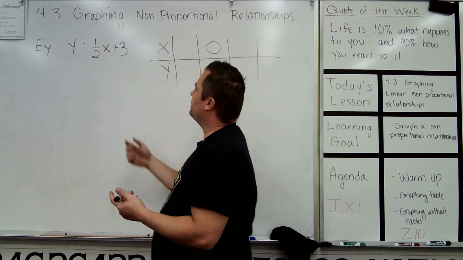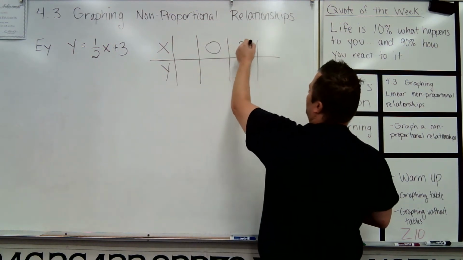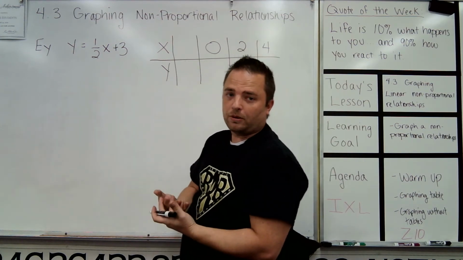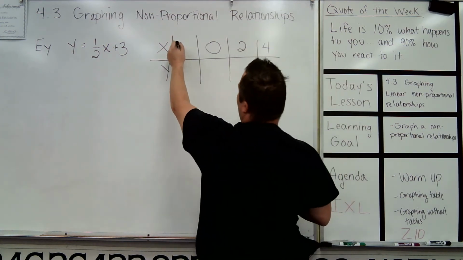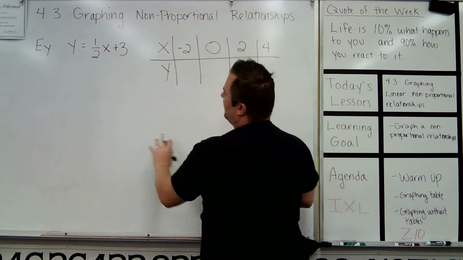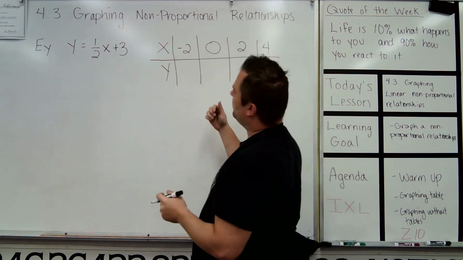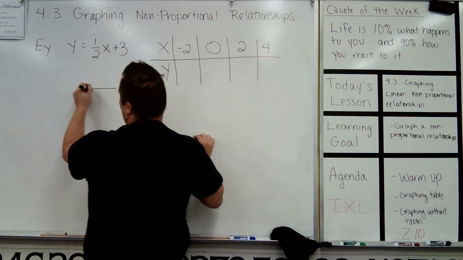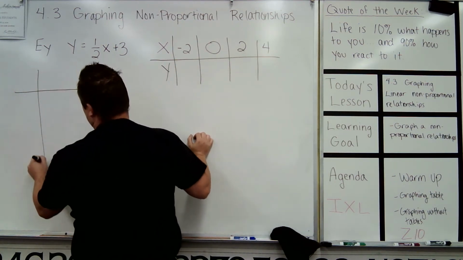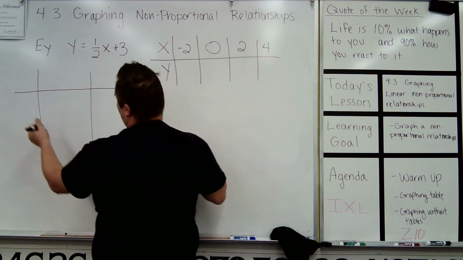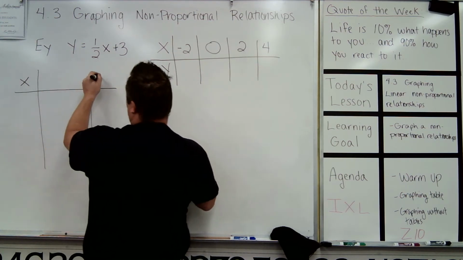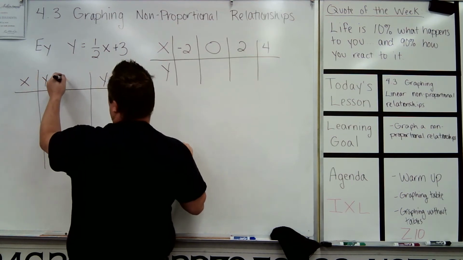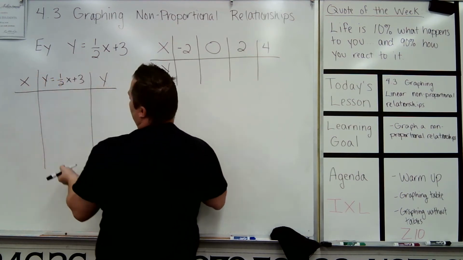So maybe if I chose the numbers 2 and 4, because when I take half of those, I'm still left with whole numbers. And maybe I'll choose -2 because I like to see some negative values. Let's make our t-chart. We have x's and y's, and they're related in this way: y equals 1/2 x plus 3.